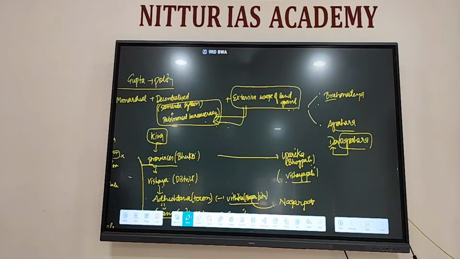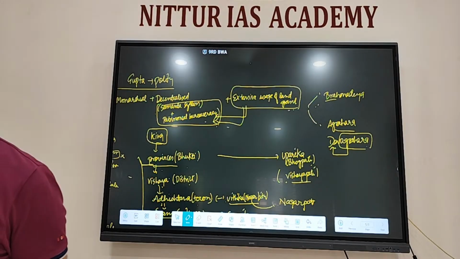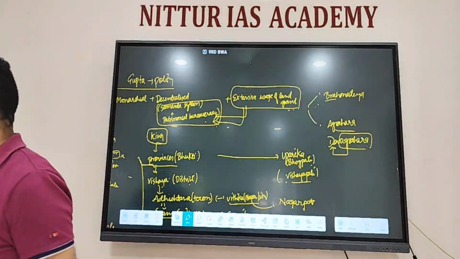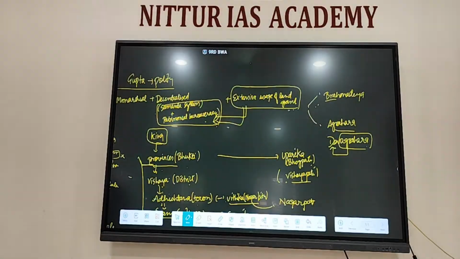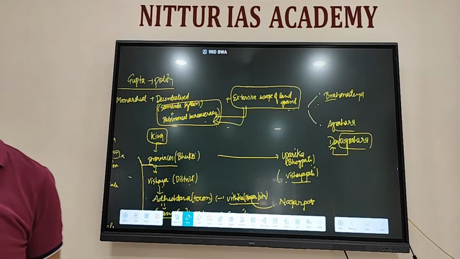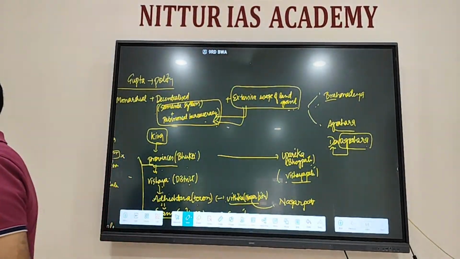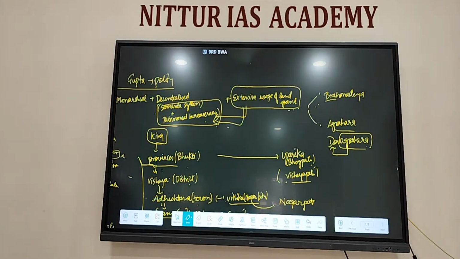Add one line. Land grants included the transfer of royal rights over salt, mines, which were the royal monopoly during the Mauryan and post-Mauryan period.